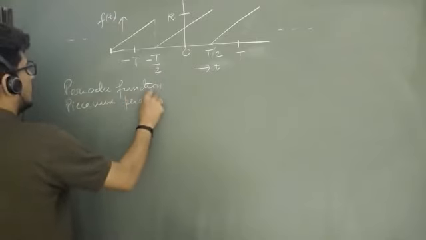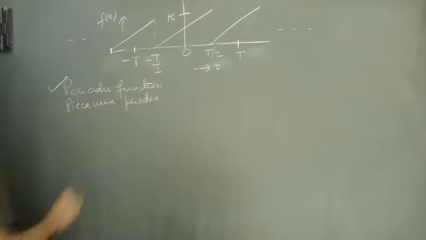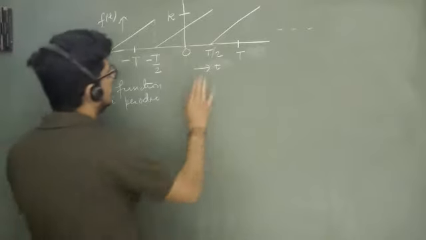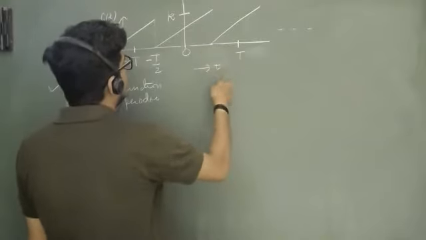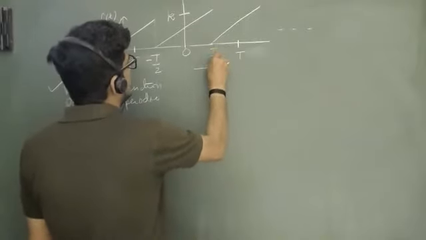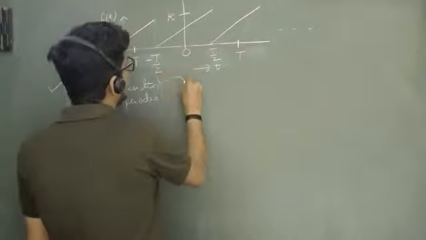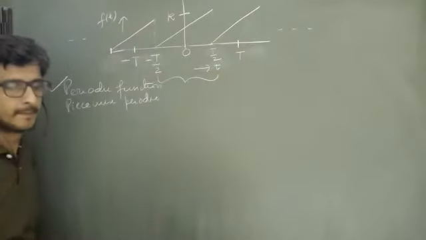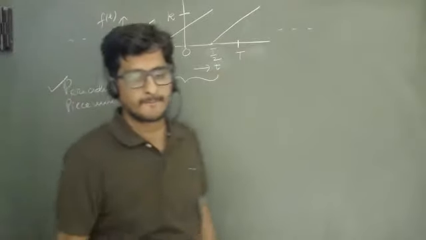So tell me, what part is repeated in this function? From where to where? Minus T by 2 to T by 2. This thing is repeated?